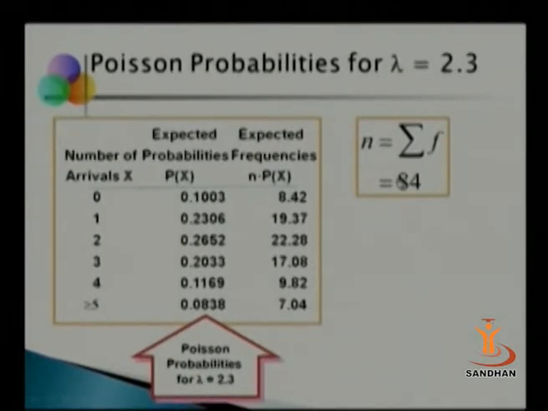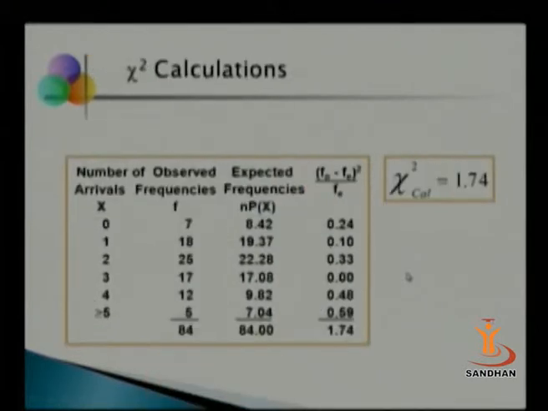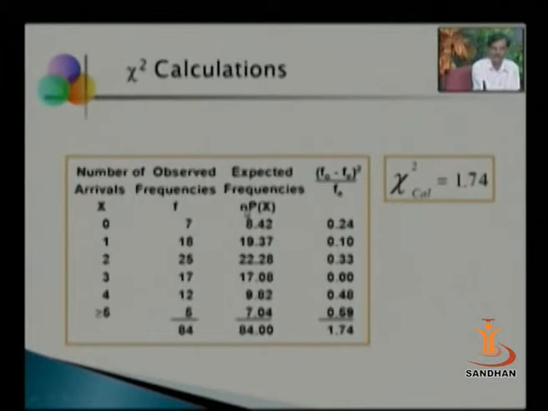And here n is the total number of observations. So we have 84 observations, the sum of the frequencies. Now once we have the Poisson probabilities, if you multiply them by n, the total number of observations, we get the expected frequencies. So these are the expected frequencies.